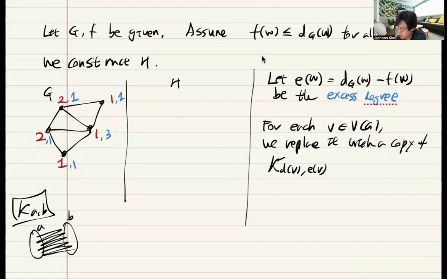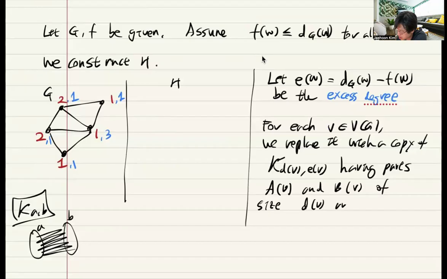So, a complete bipartite graph having parts A(v) and B(v) of sizes degree and excess degree respectively.